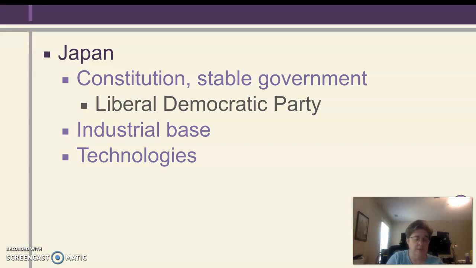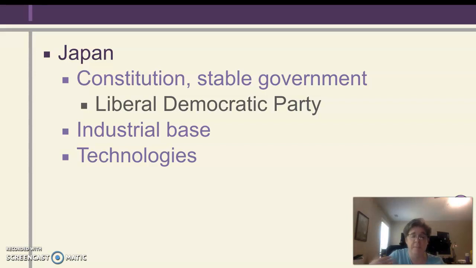He helps them establish capitalistic principles, democracy. Eventually they build what they call their Liberal Democratic Party. That is really a type of republic, just like ours.